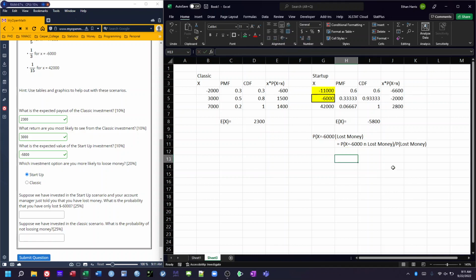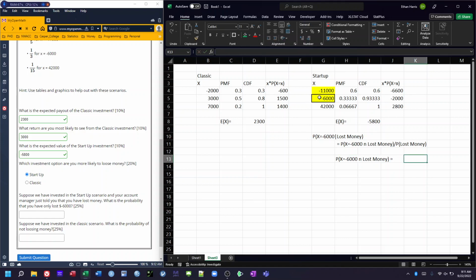So the intersection, probability x equals negative 6,000 intersect lost money, is going to be equal to, where do these two events cross each other?